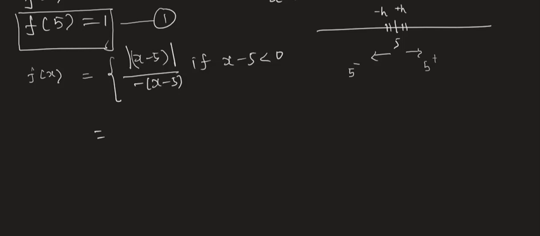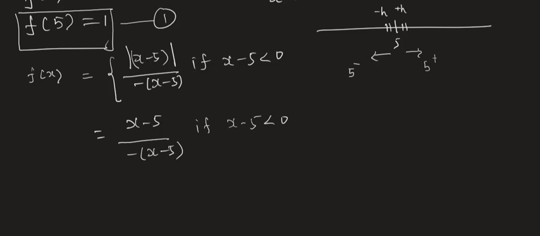Within the modulus, a negative value becomes positive only. So it is minus of x minus 5. We can call this x minus 5 is less than 0.